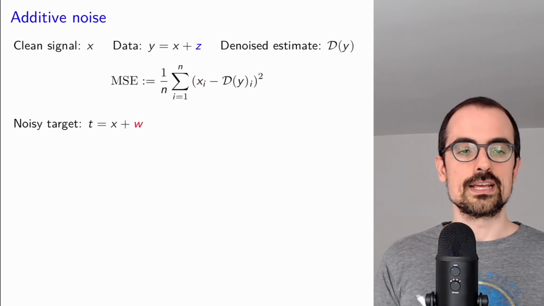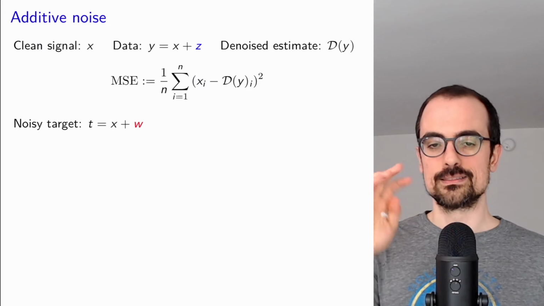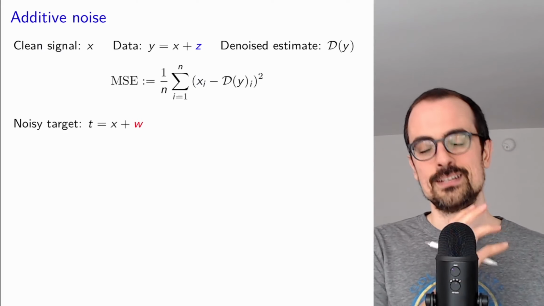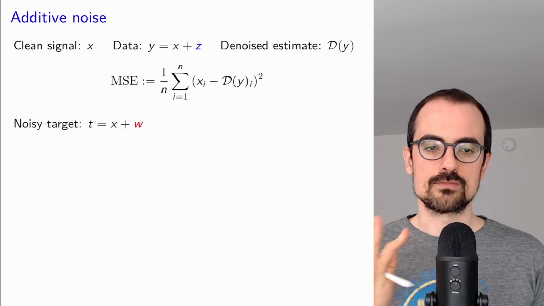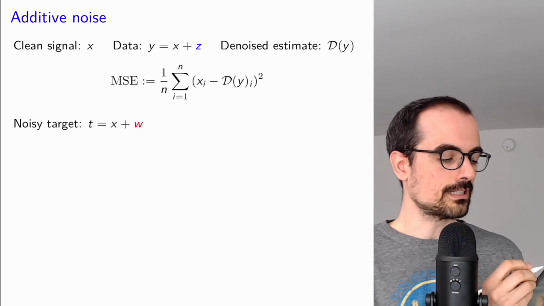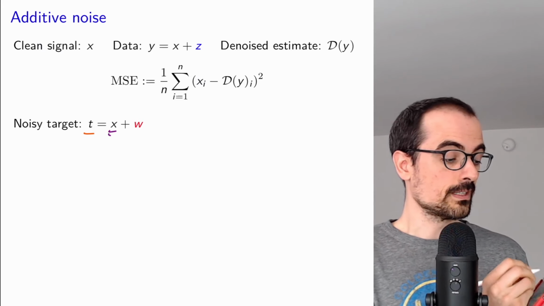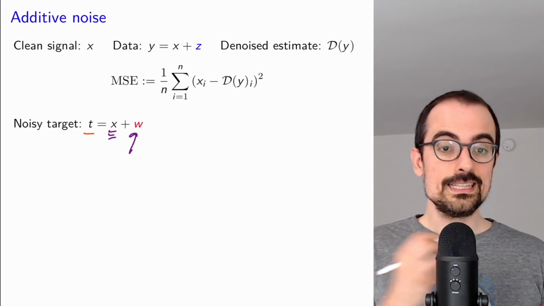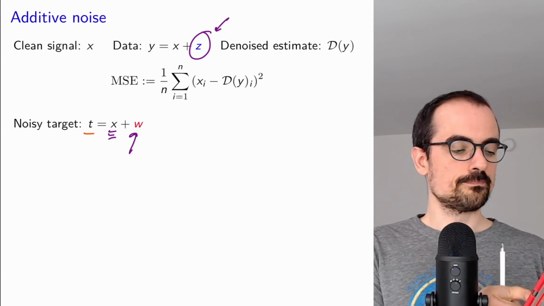So instead, what we're saying is, what if you have access? And we will see, it's not completely obvious why you might, but in the real world, you can actually get targets like this, and we'll discuss in a moment how you would go about doing it. But for now, just imagine that you had access to a noisy target T, which corresponds to the same clean signal, but corrupted by different noise that is independent from the original noise that corrupts your data.